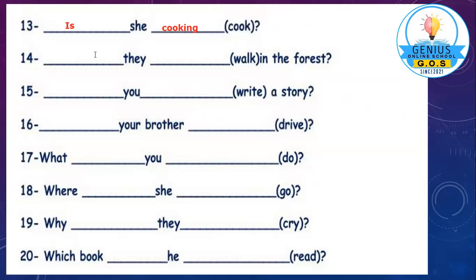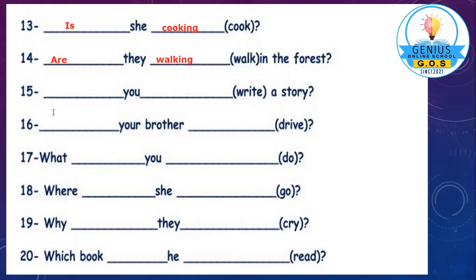Number 14. It's also a yes, no question. Yes, no question means we start with the auxiliary verb, which is verb to be. Are they walking? Excellent. Bravo. We add ing, walking. Excellent.